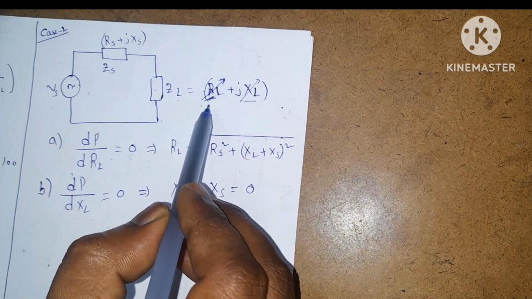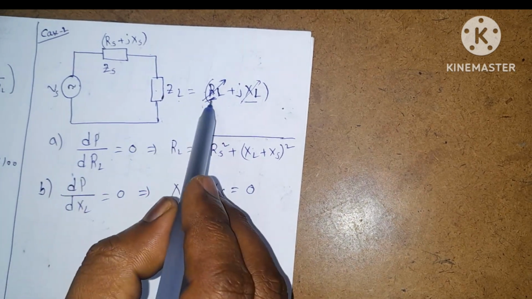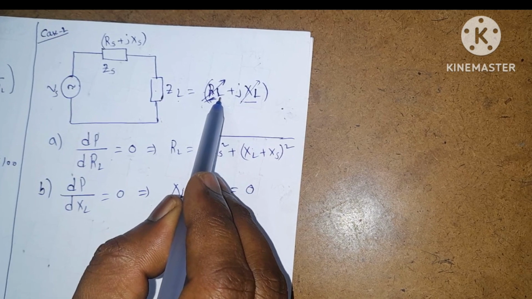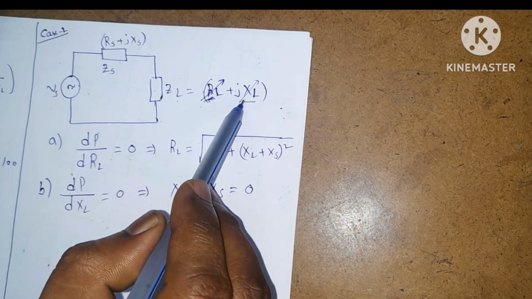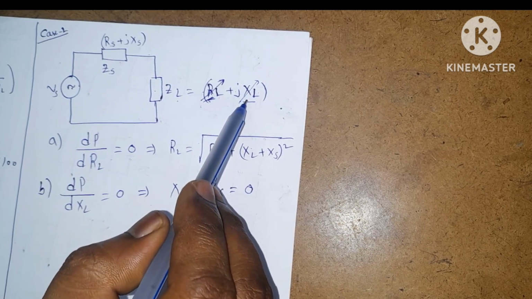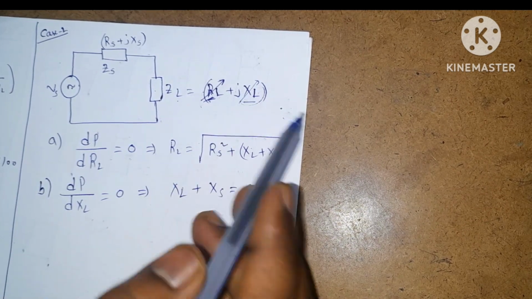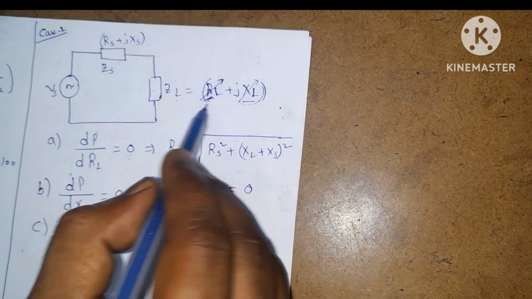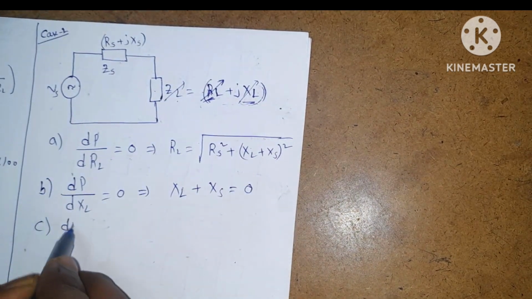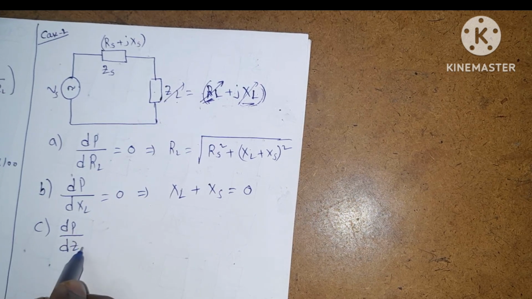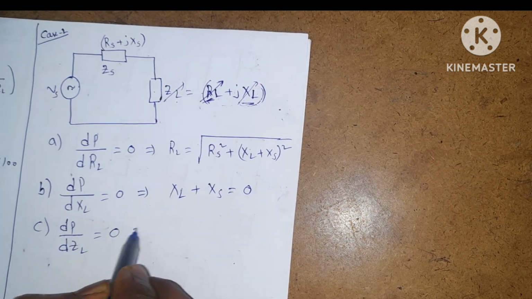If the load is varying, these are the sub cases. First case is if only resistance is variable, second is if only the reactive component XL is variable, and third case is if both are variable, meaning ZL is variable. Then differentiate power with respect to ZL and make it 0.